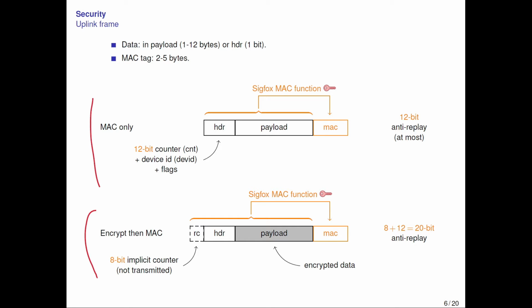Secondly, the input to the MAC computation is the header, which includes the 12-bit counter, the payload, but also an 8-bit implicit counter called RC in this slide. This counter is not transmitted in the frame, contrary to the explicit 12-bit counter. This implicit counter allows extending the anti-replay mechanism to 20 bits instead of at most 12 bits when data is not encrypted.